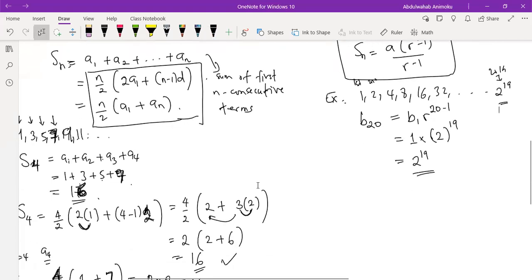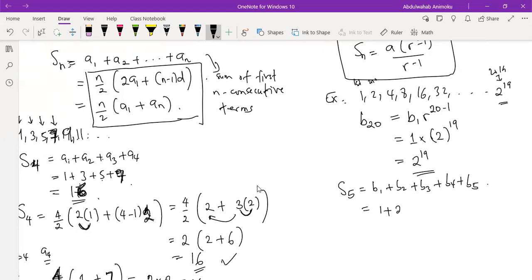Now, the last step is, let's say I want to find the sum of the first 5 terms of this sequence. Okay, how do I find it? Let's do the traditional way, which is B1 plus B2 plus B3 plus B4 plus B5. Now notice that B1 is 1, B2 is 2, B3 is 4, B4 is 8, B5 is 16.